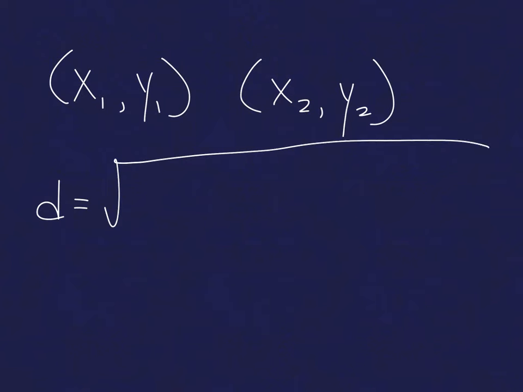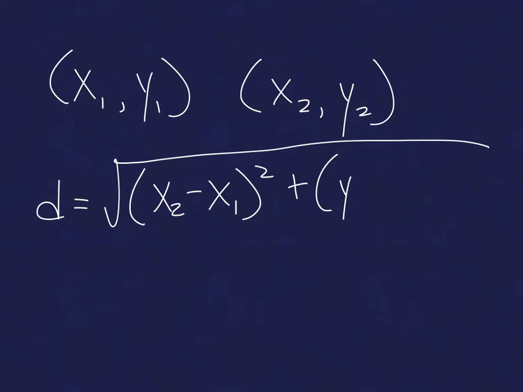Okay, we're going to take the square root of the differences of your x's plus the differences of your y's. Okay? So the differences of your x's squared plus the differences of your y's squared. And we take the square root of that. That is your distance formula given that you have 2 points.